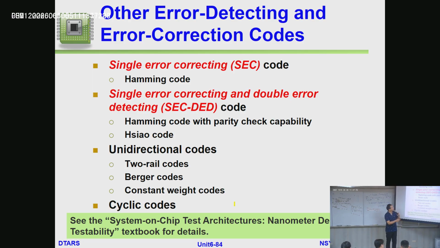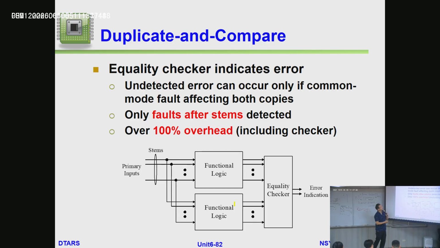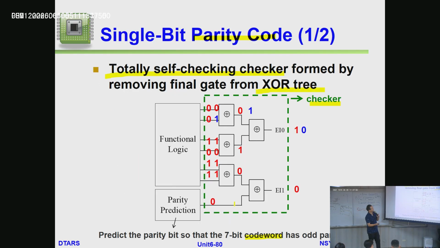Here you need to know that every ECC code has some limitations depending on how many check bits you have. If you only have 1 check bit, then it should be this one.